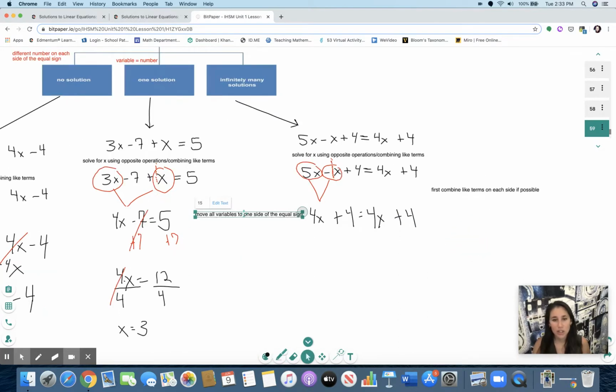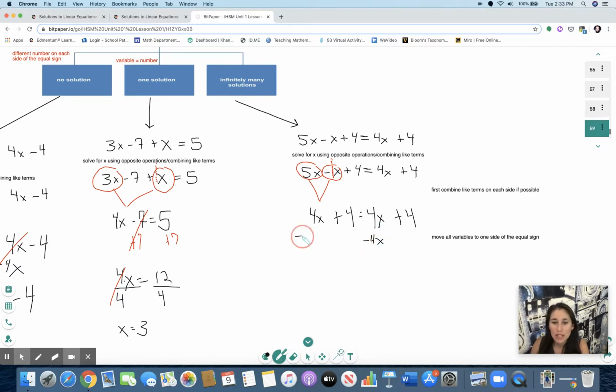Okay, so the next step is move all variables to one side of the equal sign. So let's go ahead and do that. I want to move this positive 4x over. And again, when I move variables from one side to the other, I'm going to use addition or subtraction, whichever is the opposite. So since this is a positive 4x, the opposite is a minus 4x.